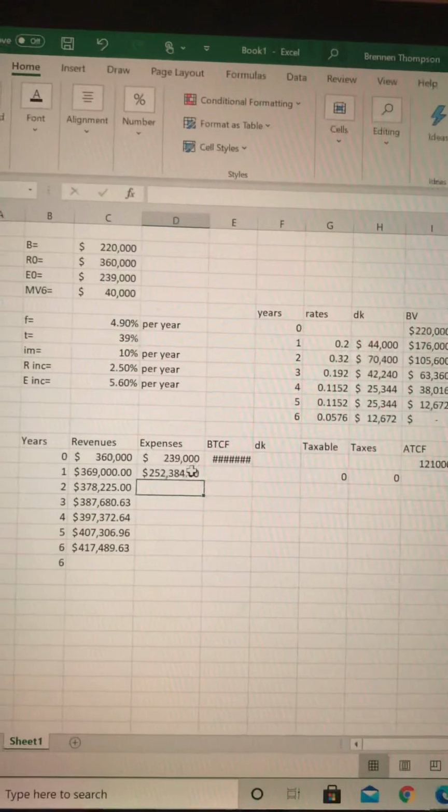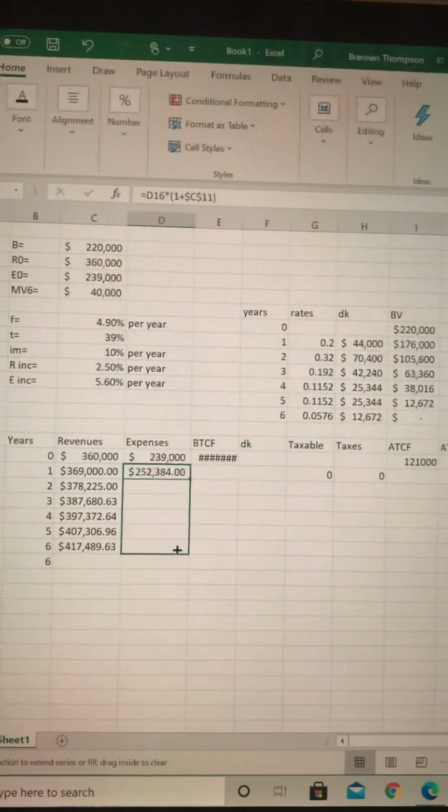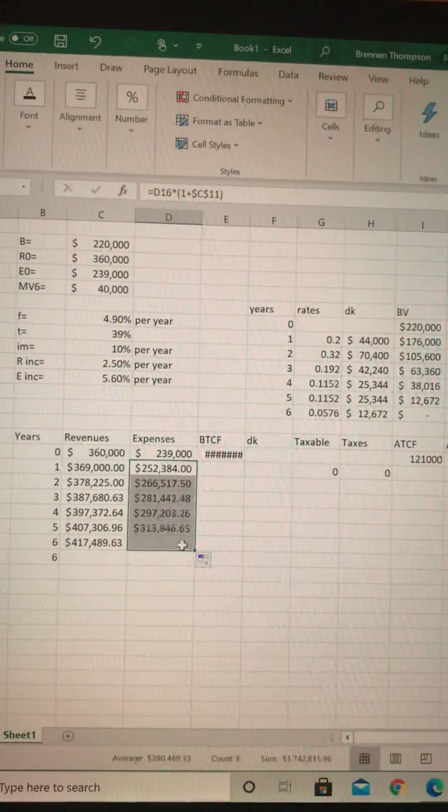So that's what we're given for the expenses. So you just drag that down for all the years.